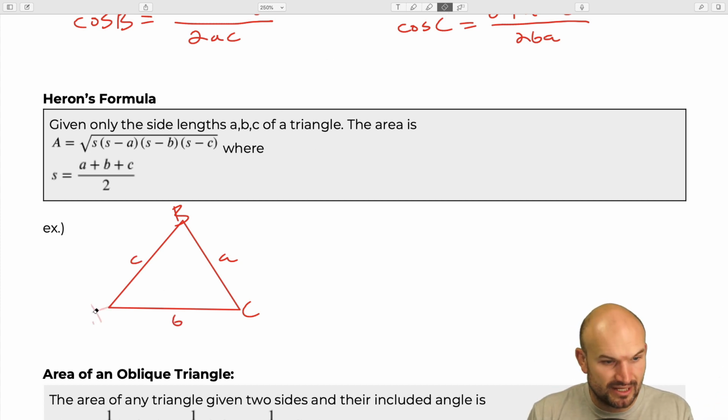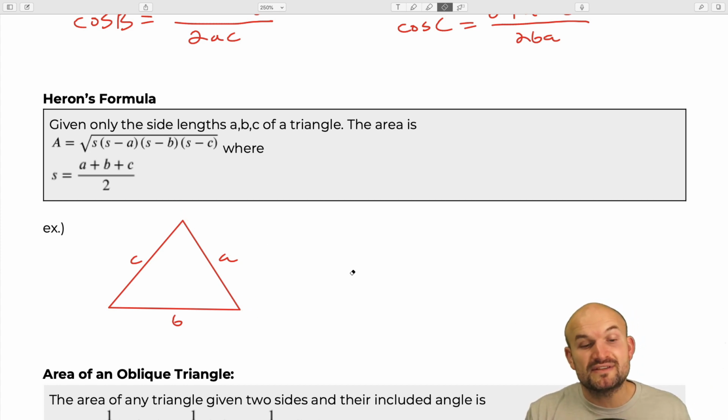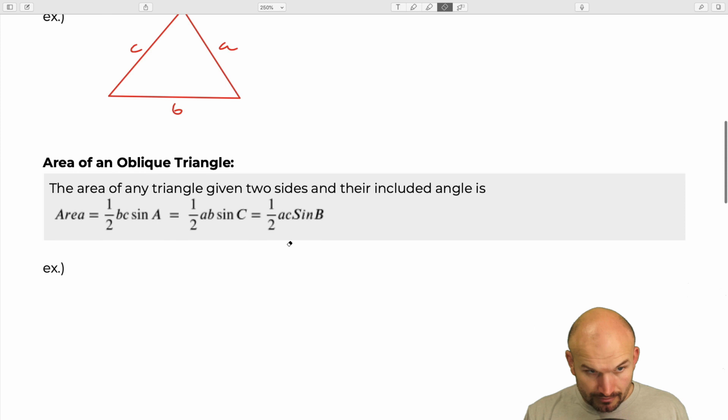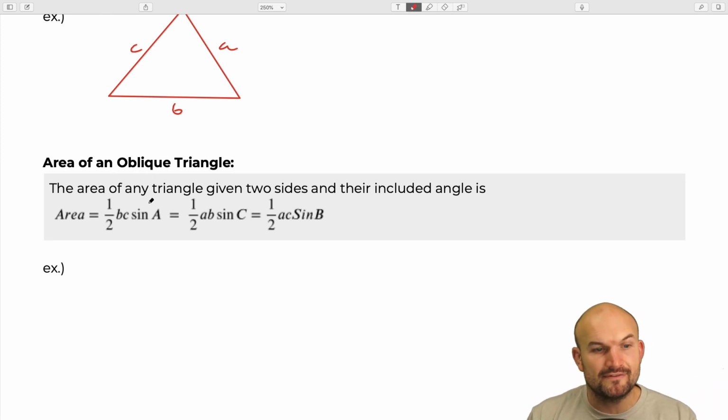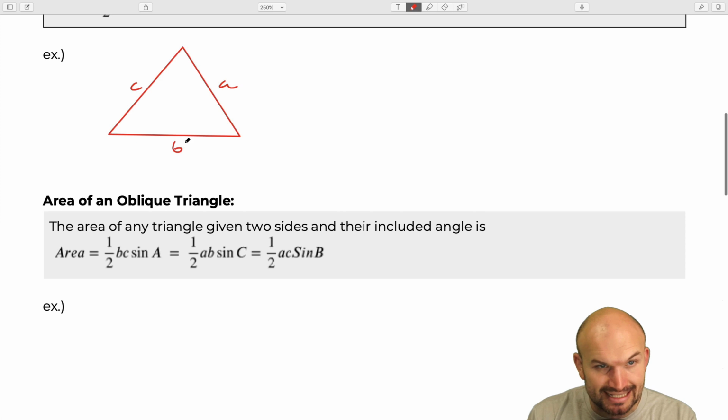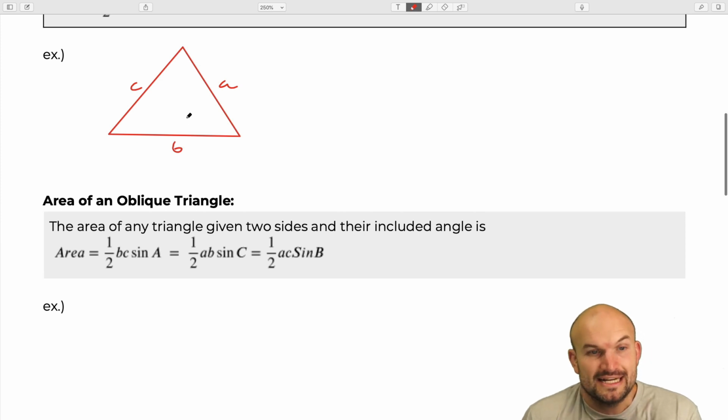Now, when we have an oblique triangle where we have an angle, we can use a different formula, because here we don't have an angle. We need to find the altitude, and we're not finding the altitude here.